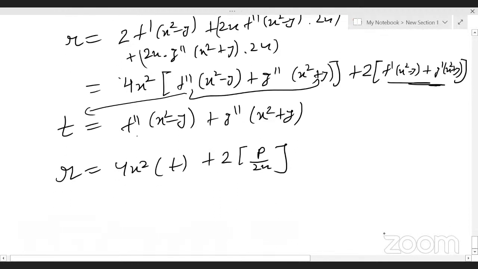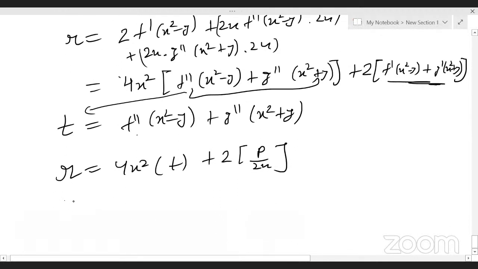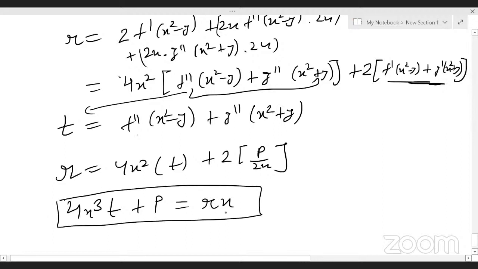So if you simplify it again, 4x cube t plus p is equal to rx, and this is the differential equation for this question.